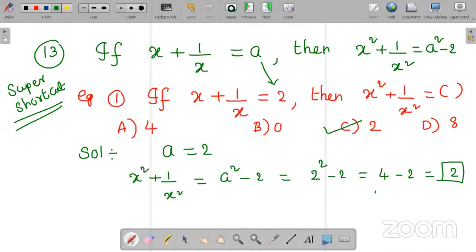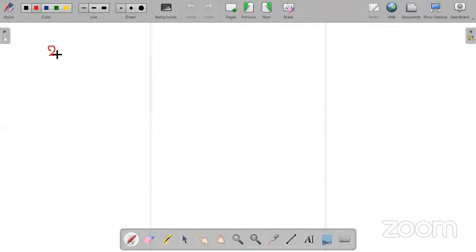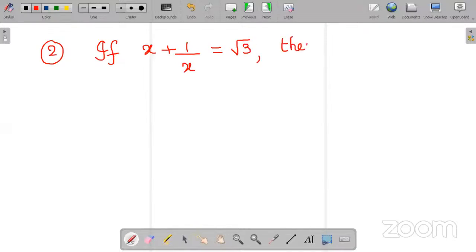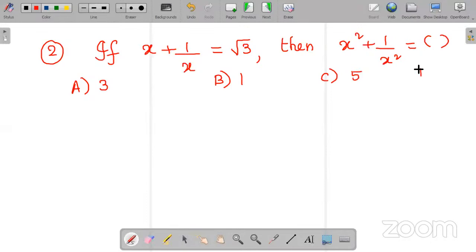So next, let us go for example 2. If x plus 1 by x is equal to root 3, then x square plus 1 by x square is equal to: option A 3, option B 1, option C 5, option D 7.